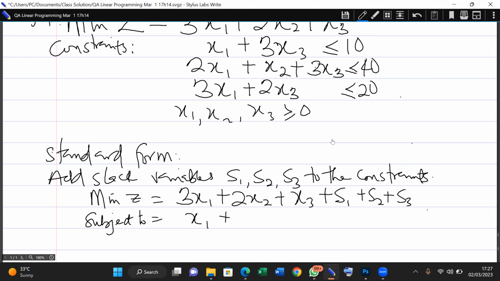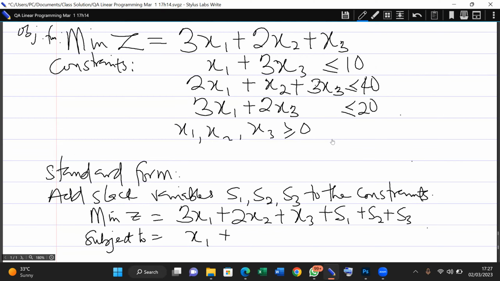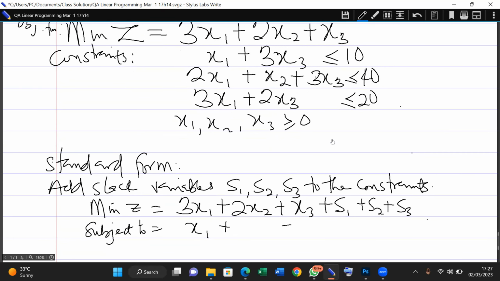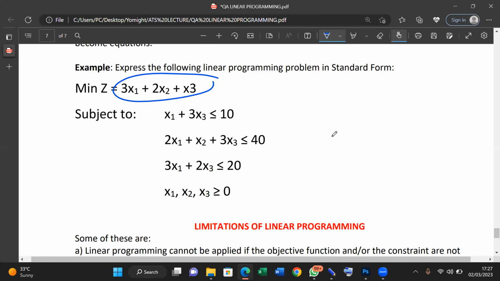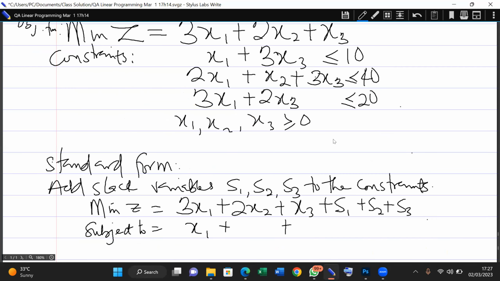Our x1 plus what? 3x. Now that 3x, is it x3 or x2? Go back to the information given to us. You see that it is x1 plus what? 3x3. Is that not so? So go back to your equation.